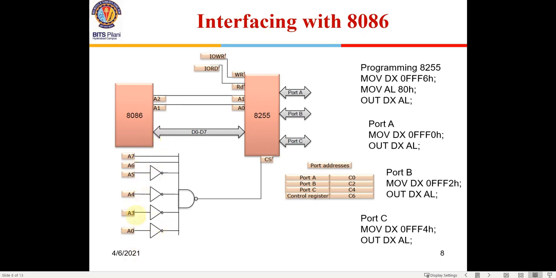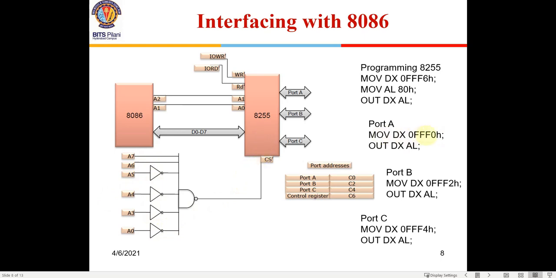You will have a chip select logic which will select this. So in this case, for example, you have taken the base as FFF0, right? So you will have to make a decoder circuit. We have decided we will have this 8255 at this address, FFF0, so you will accordingly make a chip select logic which will select this chip.